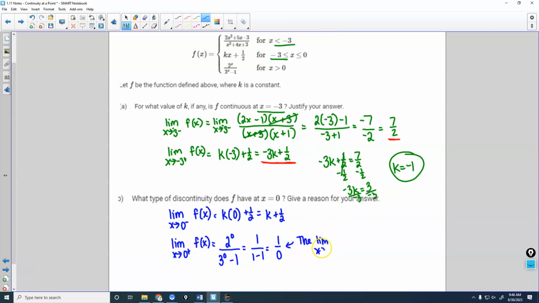And that is x approaches 0 from the right of f of x does not exist.